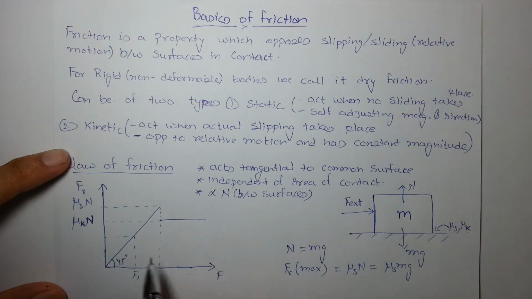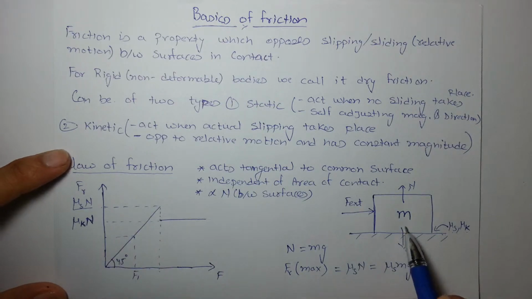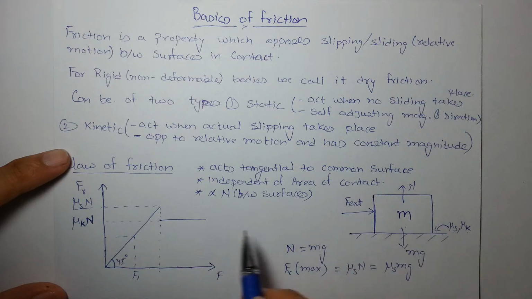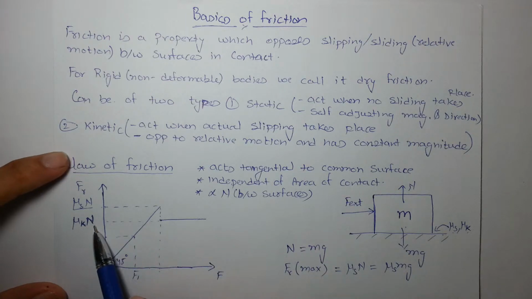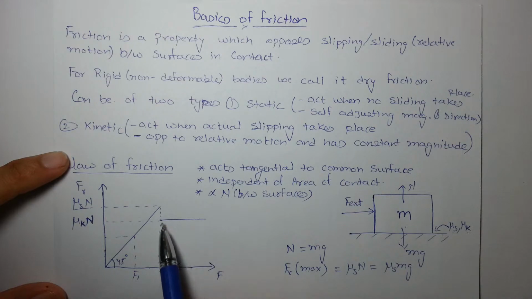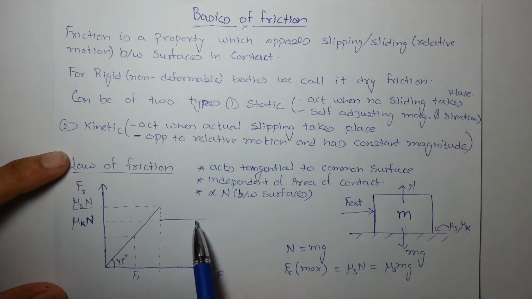If external force is increased to mu s N, the friction will act mu s N and the object will not move. If we further increase the external force, the object will slide, and a constant magnitude friction equal to mu k N will start acting. If you increase F external further, friction stays constant because it is kinetic in nature now.